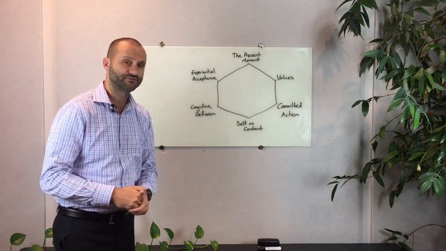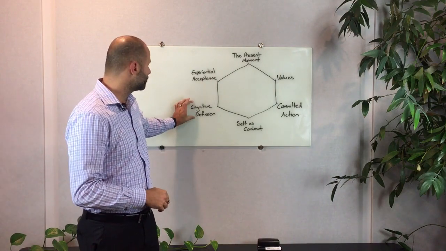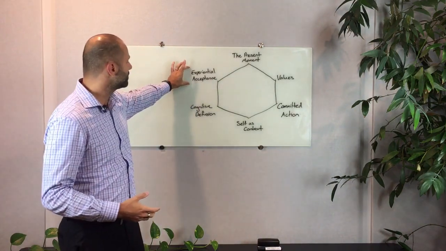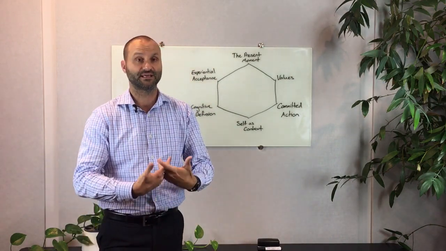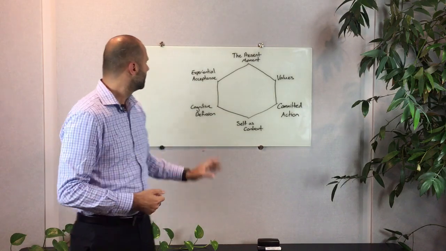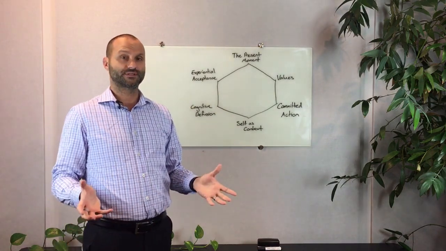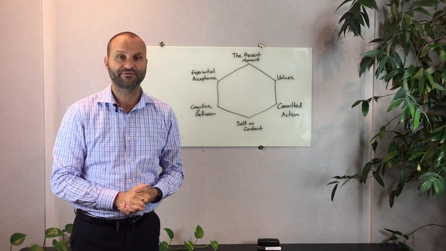Moving down to cognitive diffusion, also known as diffusion. This relates to our thoughts. So experiential acceptance primarily relates to what we're feeling and accepting life as it is. Diffusion talks about, in some sense, acceptance of your thoughts. What do I mean by this? Well, we all have thoughts.